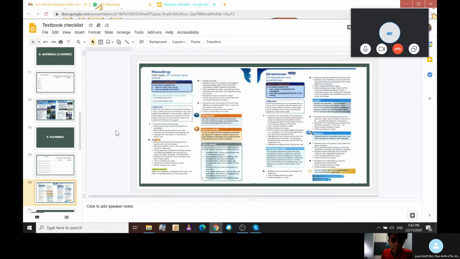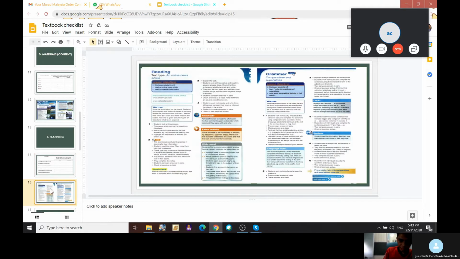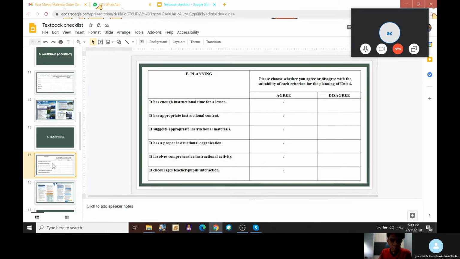We can see in the reading part there is obvious and clear instruction there for the people and the teacher to execute their activity. And then the third one, it suggests appropriate instructional materials inside the textbook. Yes, I agree that they suggest appropriate instructional materials.